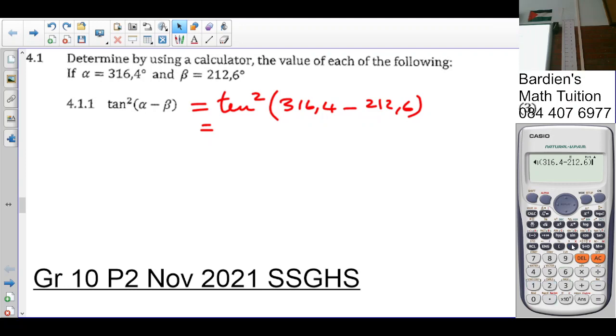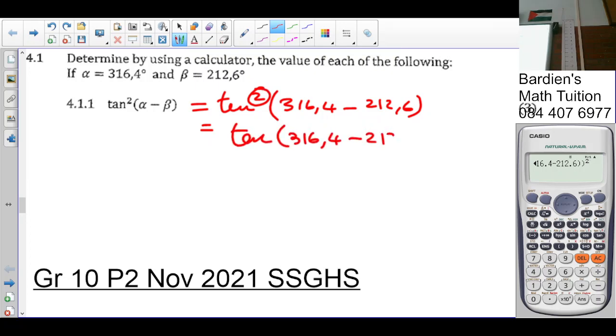So that first bracket I closed was an angle bracket, not so? But I opened the initial bracket there, and there I've closed it. And that is being squared. Remember that this square in fact means it's going to be tan of 316.4 minus 212.6, and that answer is being squared. That's basically what it means.